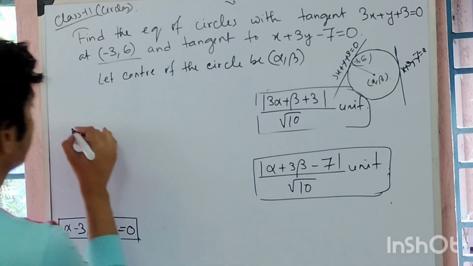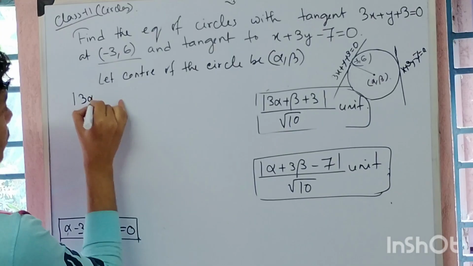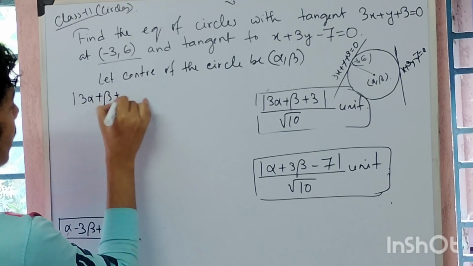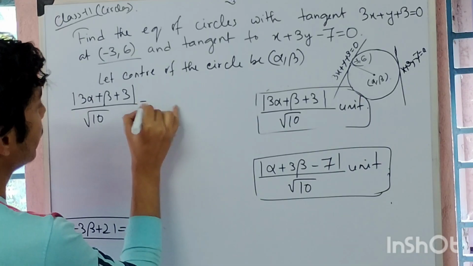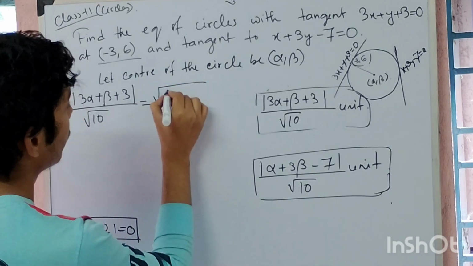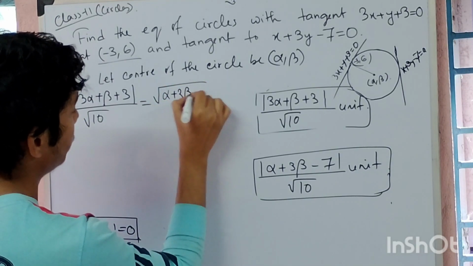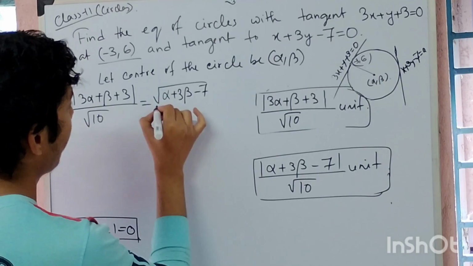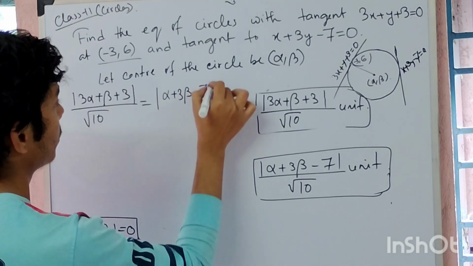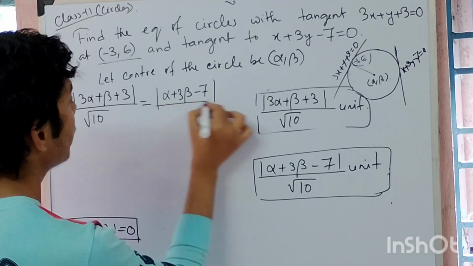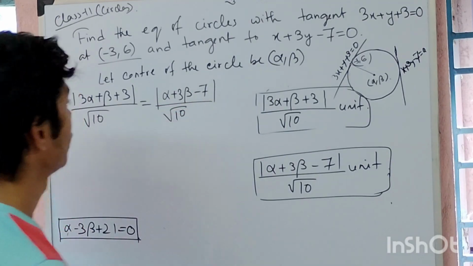Fine, very good. So what I have got is: the modulus of (3 alpha + beta + 3) by the square root of 10 equals the modulus of (alpha + 3 beta - 7) by the square root of 10.